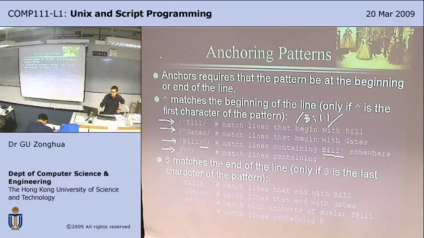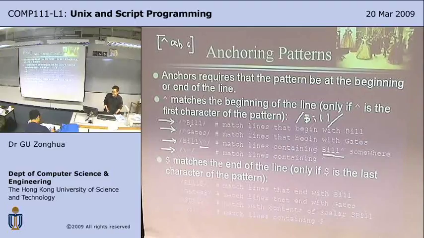Don't confuse this with the hat within the square brackets. If you say hat ABC in square brackets, it means match a character that's not one of A or B or C. But without the square brackets, it means the beginning of the line. There is nothing in front of the pattern to be matched.